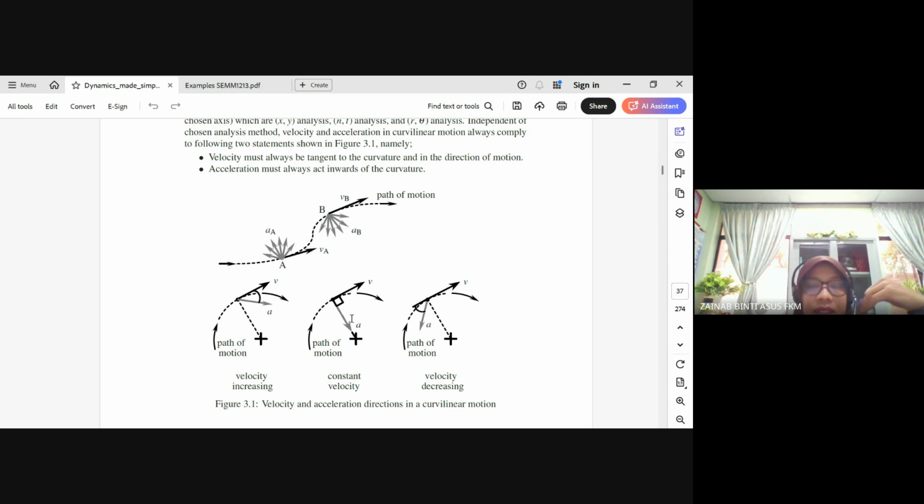For the acceleration you have two components, AN and AT. The AT is the tangential acceleration, and at this time it is 0, so you have only the normal acceleration AN.